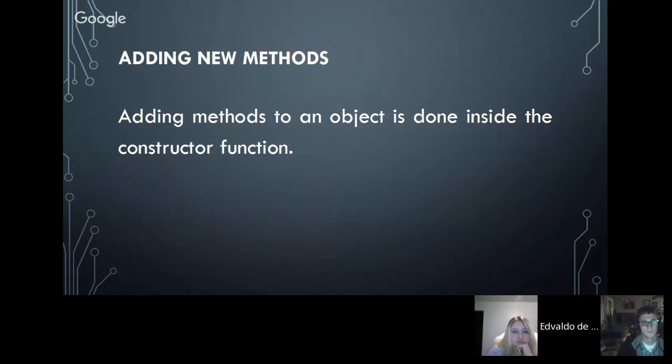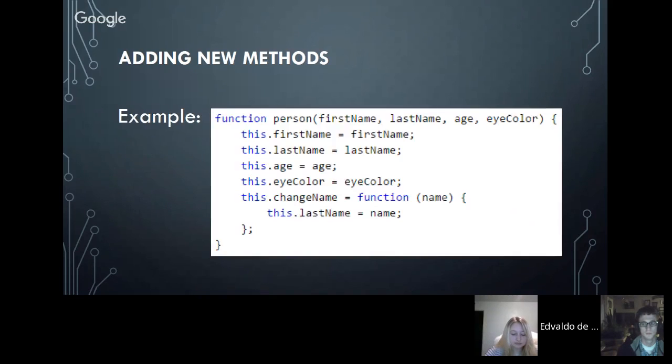Adding new methods to an object is done inside the constructor function. This is an example. We have a function called person, and between parentheses we have the properties.